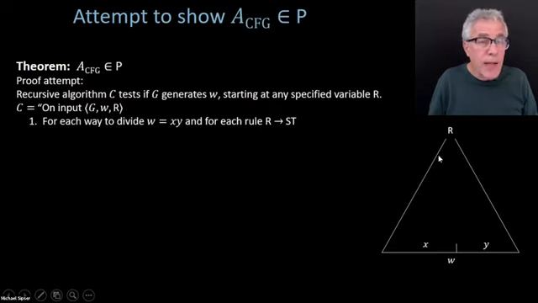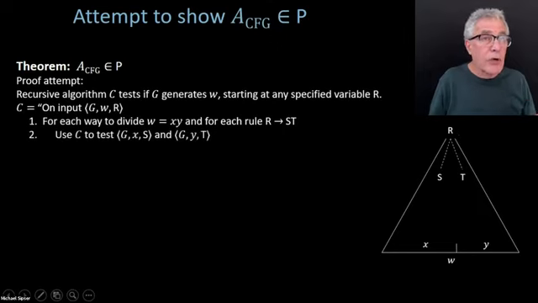And also I'm going to try every possible rule that comes from R that generates two variables. So these are what's allowed in Chomsky normal form: R goes to ST. So for each possible way of cutting W into X and Y, and for each possible rule R goes to ST, I'm going to see recursively, can I get from S to X and from T to Y?